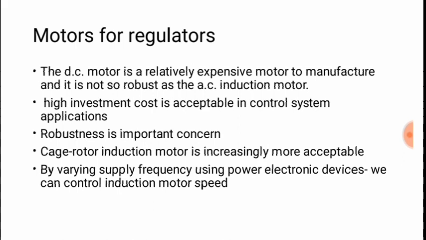During those periods, there was not much development in the power electronics industry. But nowadays, in most industries, we are using three-phase induction motors because of the development in the power electronics industry. We can easily control the frequency of supply to the induction motor, and by controlling the frequency, we can control the synchronous speed of the machine and thereby control the speed of the induction motor.